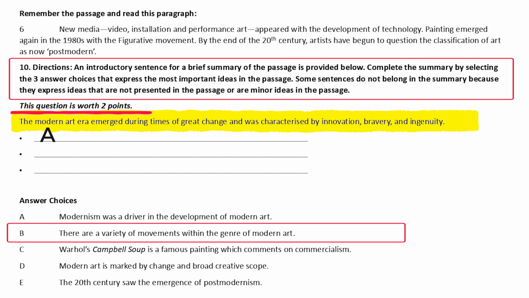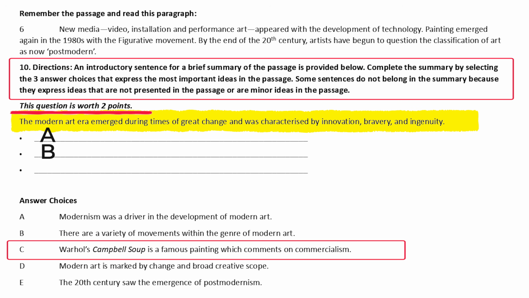Let's check out B. There are a variety of movements within the genre of modern art. The passage spends most of its time talking about different movements: post-impressionism, cubism, surrealism, pop art, minimalism, and more. Each movement contributed something new and reflected different aspects of innovation and change. So B is also a main idea and correct.